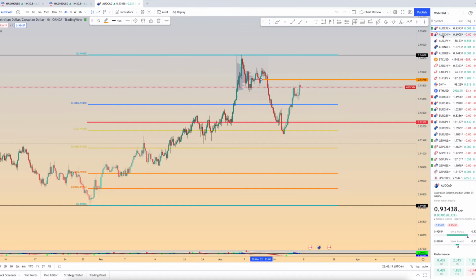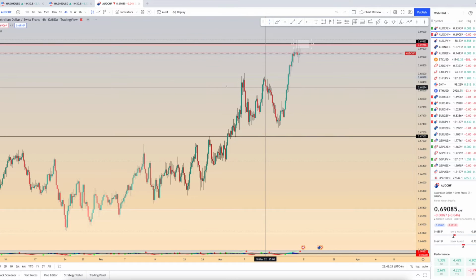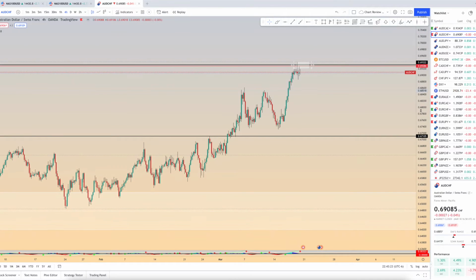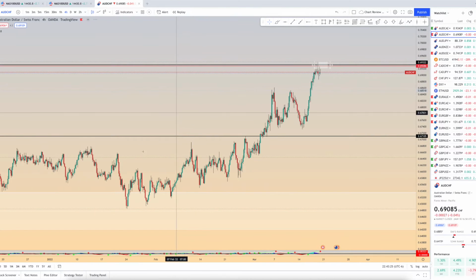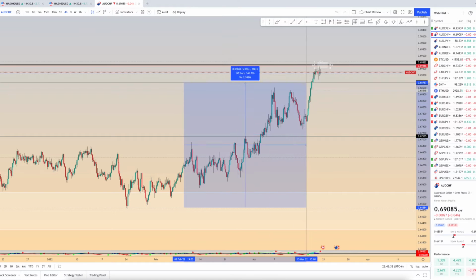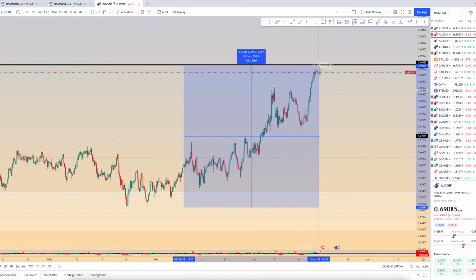So that's kind of where we're sitting at. AUD/CHF, a little bit. I was hopeful with this run here back in January, and I was hoping for a retracement to get back to that area, but we've just kind of seen it slowly climb. Overall from that entry point, it was 453 pips over the course of a month and a half.